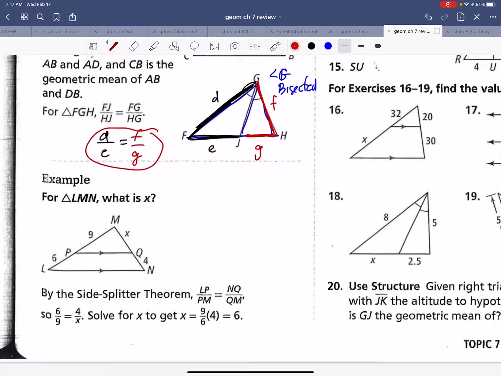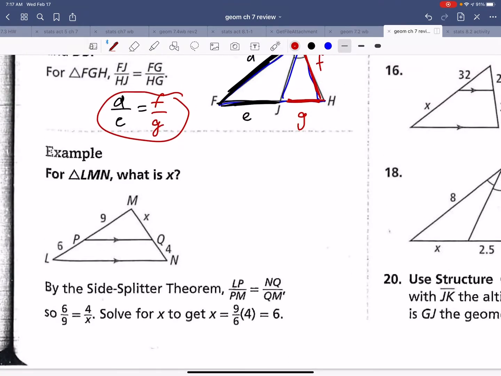Okay, now let's take a look at this other example. Again, here's our baby. It looks like we have right side, left side, and we can do that with the mom, right? Right side of mom is X plus 4.